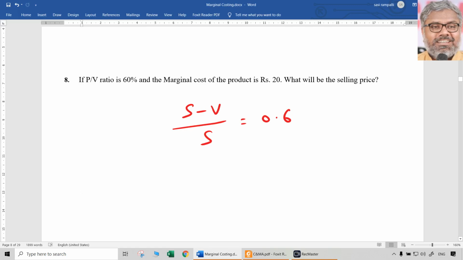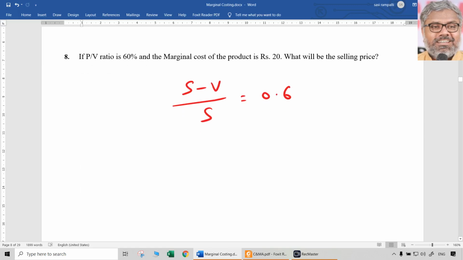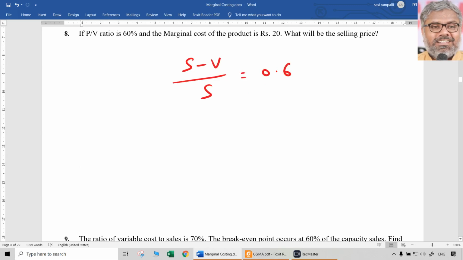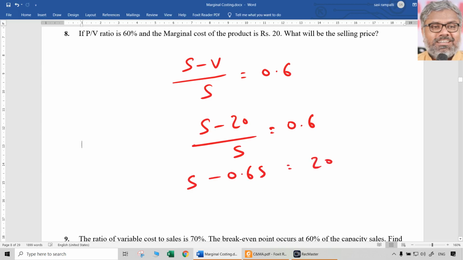Contribution is nothing but selling price minus variable cost, right? So selling price minus 20 rupees divided by selling price is equal to 0.6. That means S minus 0.6S is equal to 20. So how much will be S? 20 divided by 0.4. In other words, 50 rupees is the answer.